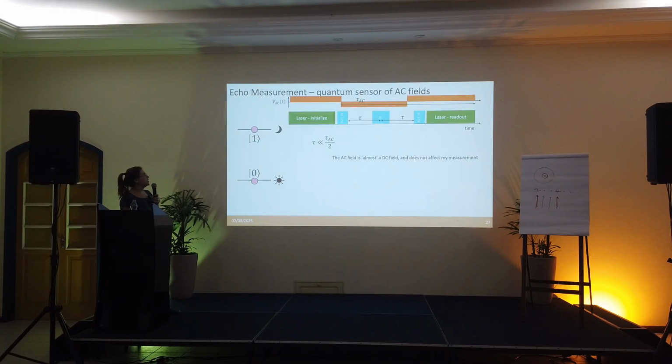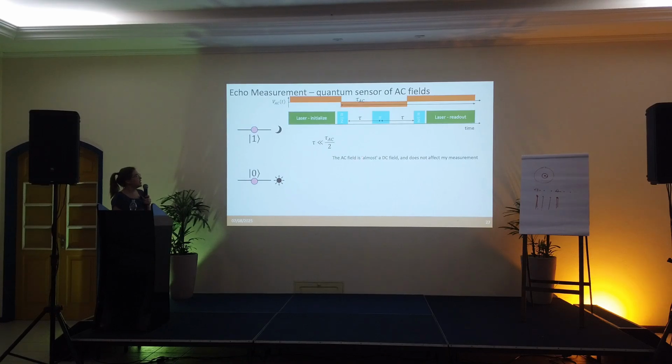Now, what happens if my qubit is interacting with time-varying oscillating fields, with AC fields? I can have 2 or 3 regimes for the time scales involved in that interaction. One regime is where my time varying field is varying very slowly with respect to my experiment. In this case, this field is nearly constant throughout my single experiment.